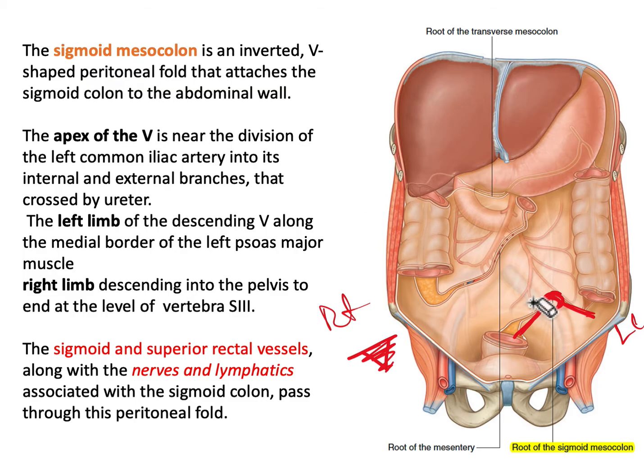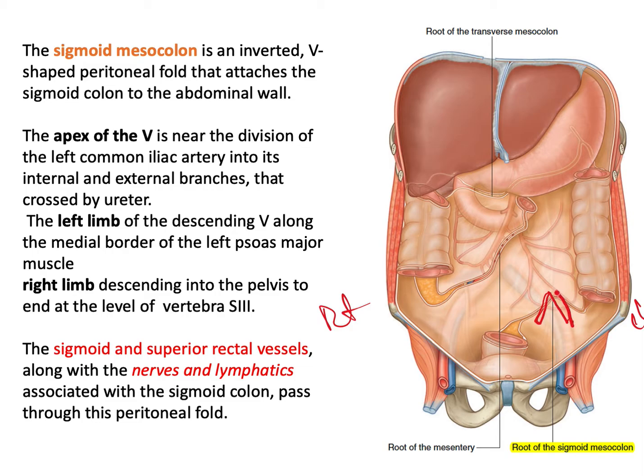Let us erase these things. And again, you can see here the inverted V shape of the sigmoid mesocolon. So where is the apex located? Look at the shadow here. This is the left external iliac artery. That means here is the internal one. This is the external iliac, this is the internal iliac.